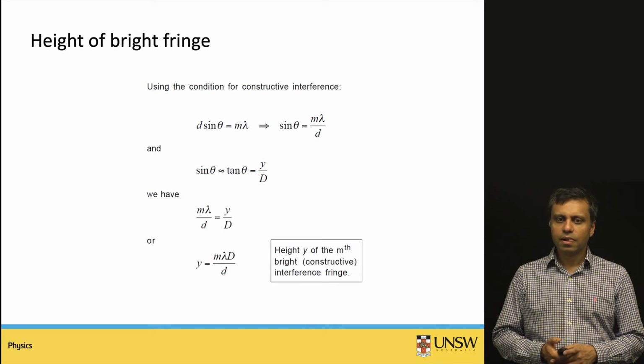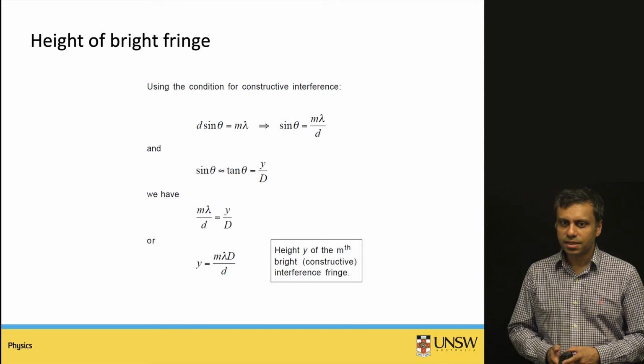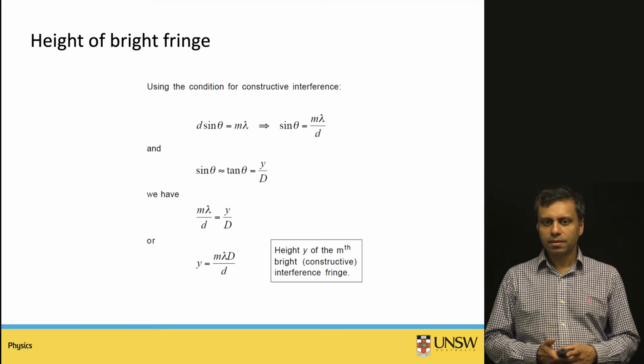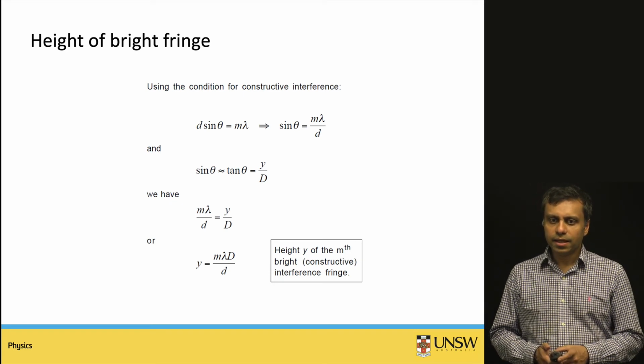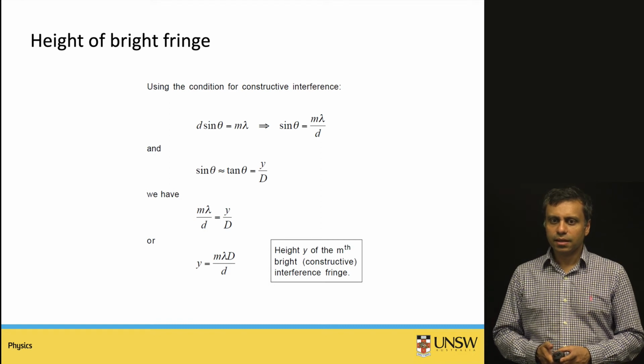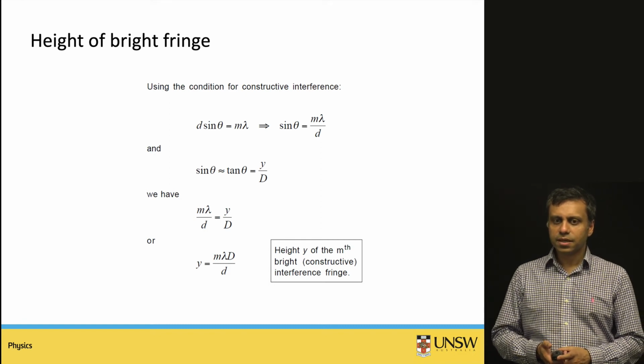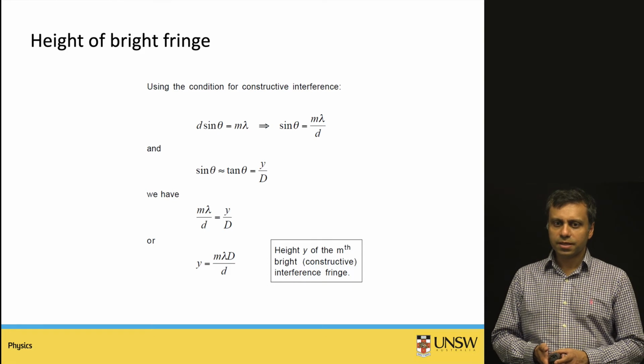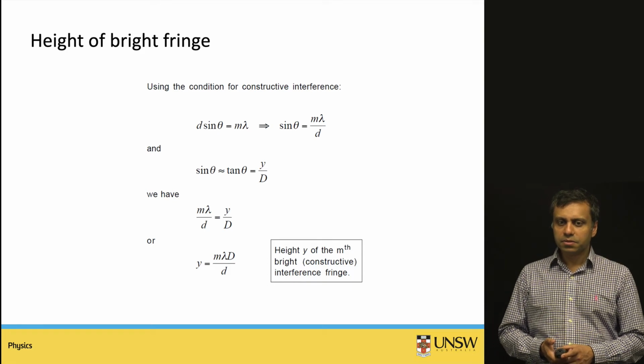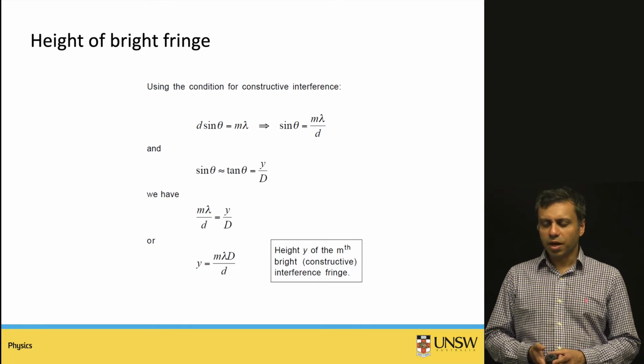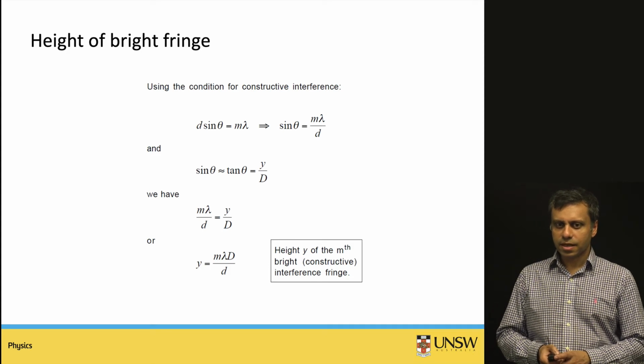So then we know the interference condition for a bright spot. For example, for a bright spot, d sine theta has to be equal to m lambda, where m is an integer. And then if we divide by d on both sides, we have sine theta equals m lambda over d. But we know that sine theta is also given by y over capital D from the last slide.